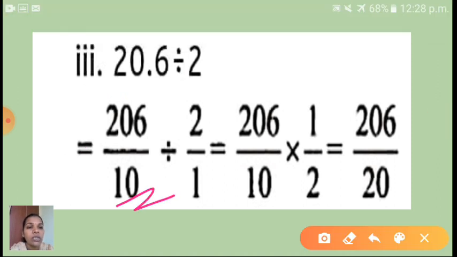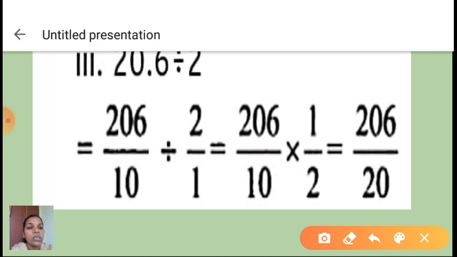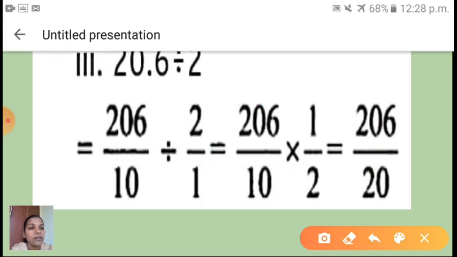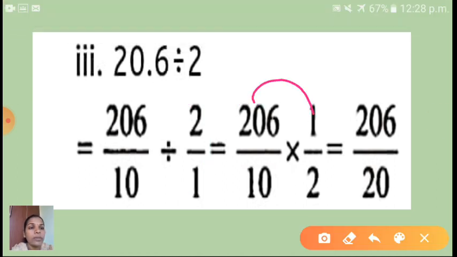This fraction you have to write, and this number we have to multiply with the reciprocal of this fraction, isn't it? So into 1 upon 2. Understood children? Next one is numerator into numerator, that is 206 upon 10 into 2, that is 20.